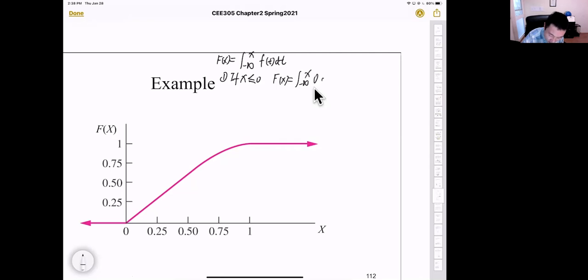The integral of 0 dt is equal to 0 because nothing is less than 0. Second part, when x is between 0 and 1, we only care about 0 to x. Again, because less than 0, there is nothing there.